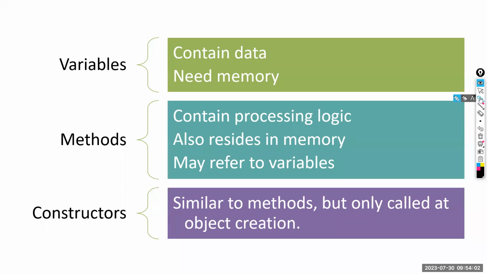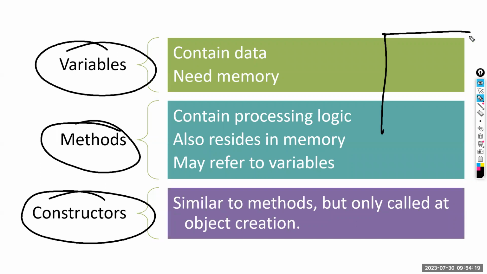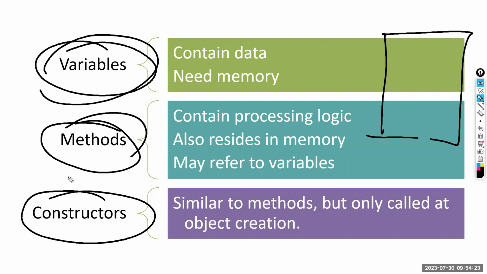So therefore, attributes will be modeled or mapped into variables. Behaviors will be mapped into methods. And additionally, you have another concept called constructor, right? So those are the three things that are in a class when you develop the code: variables, methods, constructor.